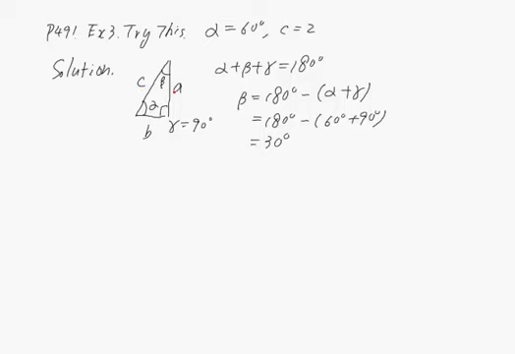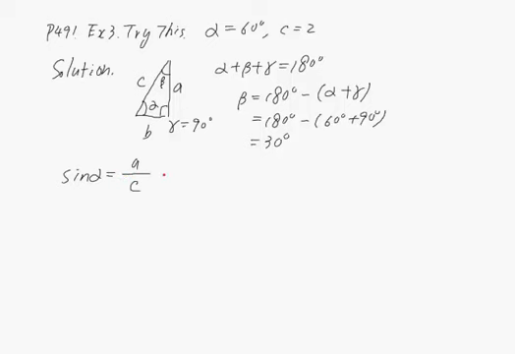How can we find A? Tell me which function should I use? Sine, right? Sine alpha, which is equal to the opposite side A over the hypotenuse C. In this equation, alpha is known, C is known, and A is unknown.